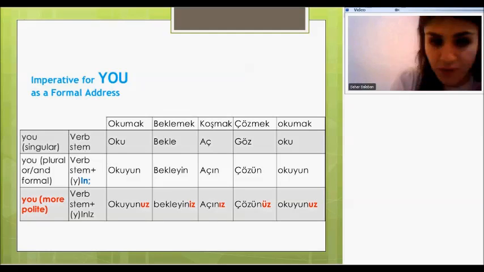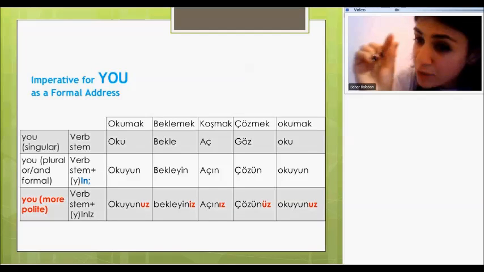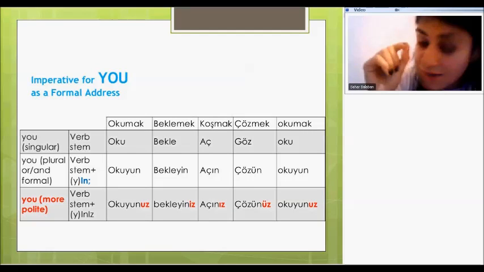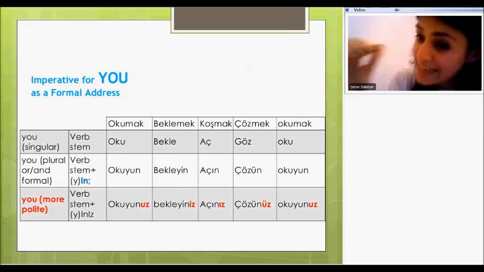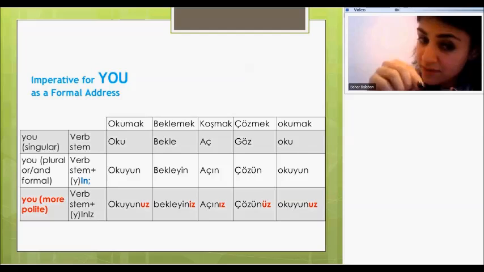For example, if we want to put a suffix to a word, which is, for example, bekleyin, the last syllable of the word ends with an i, so it has to be an i again in the new suffix. That's why it's bekleyiniz, not bekleyinuz, because bekleyin ends with an i. That's beautiful, in my opinion.